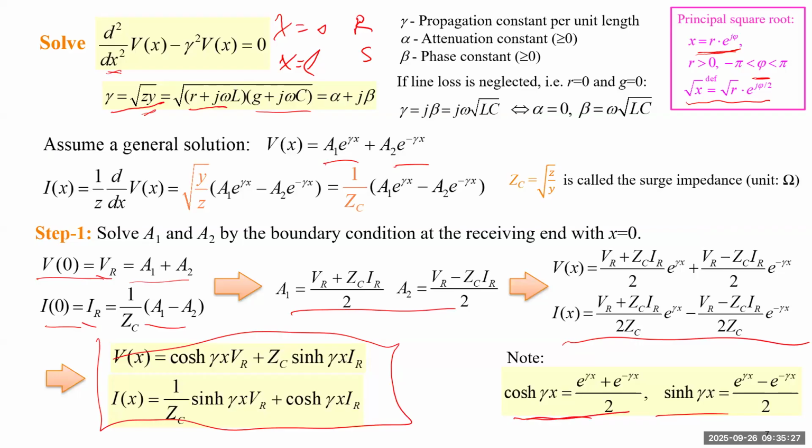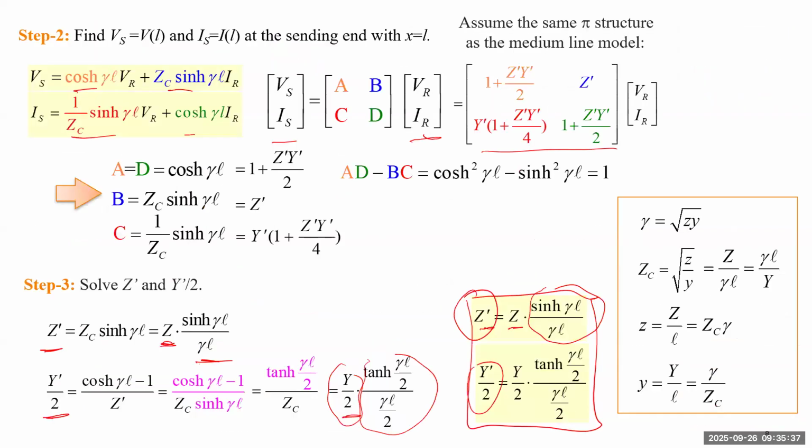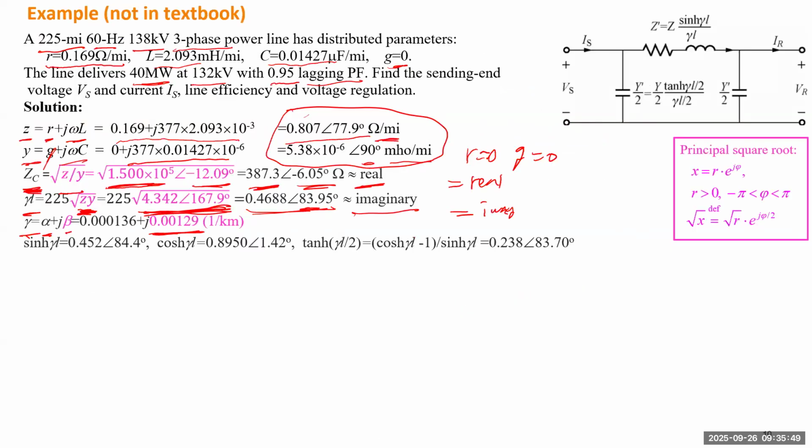You can use those two formulas to calculate the cosh function and sinh function, then use another formula to calculate the tanh function for half of gamma L. So come back to this problem: you can get the values of the first two hyperbolic functions, and the third one can be calculated with that formula.